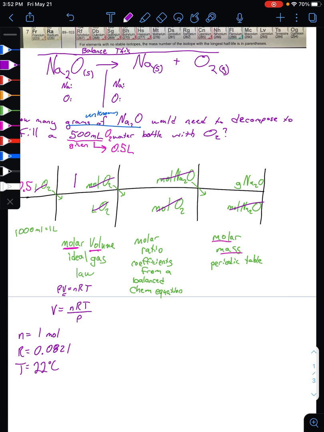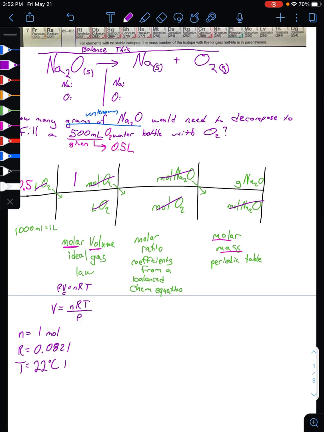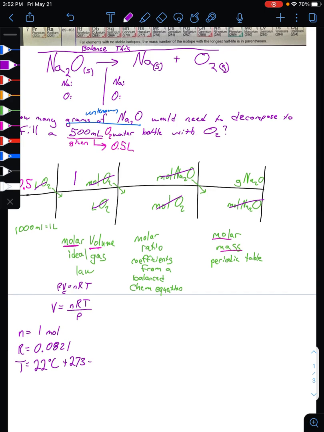It's really, really, really cold. So all you have to do is add 273 to your Celsius number, and you get 295 degrees Kelvin. This is the T you want to use. You've got to use the Kelvin version, not the Celsius version.